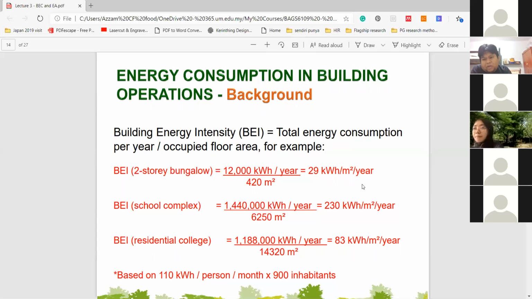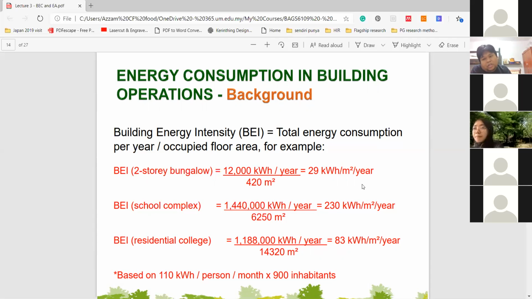Because even in the corridors, you still use up electricity to illuminate it. In the toilet, you still use up electricity to ventilate it, to illuminate it, right? Same goes with the car park as well. So why not include everything in? Therefore, it's better to do the BEI by dividing the total energy consumption by the GFA, okay?